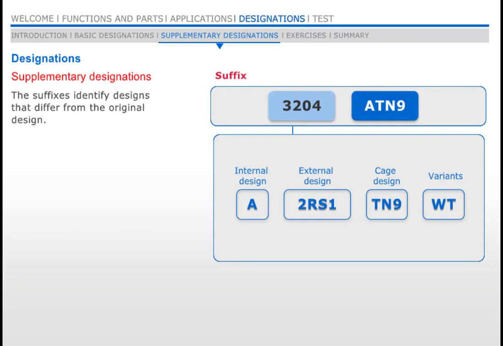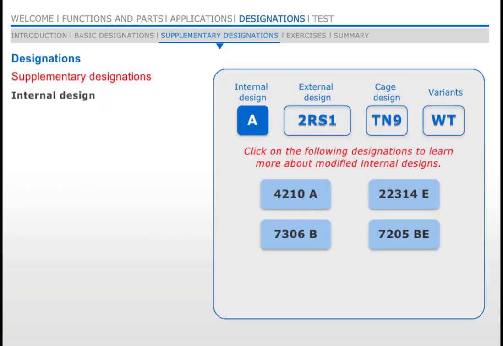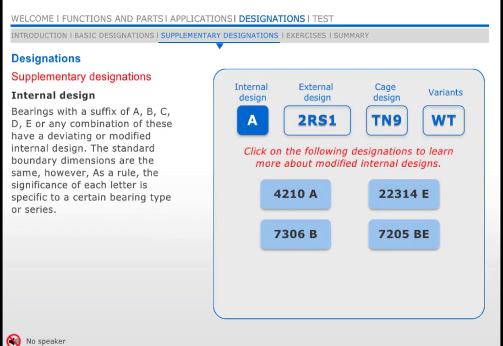Suffixes are used to identify designs which differ in some way from the original design. The suffixes are divided into 4 main groups: internal design, external design, cage design, and variants, all of which are added to the basic designation in this order.